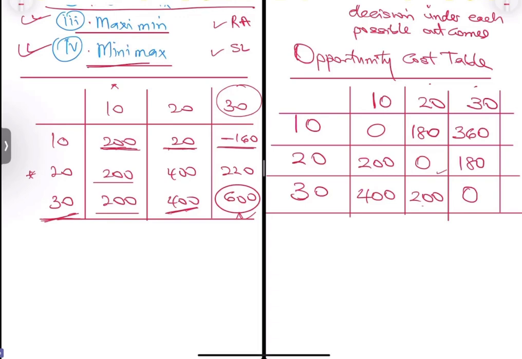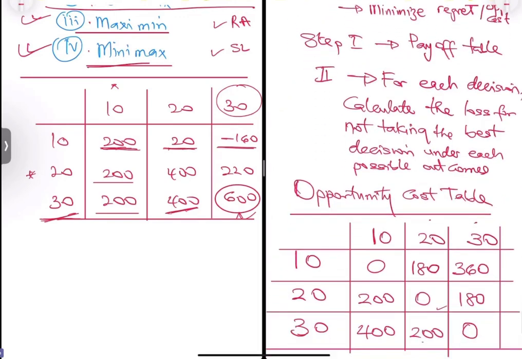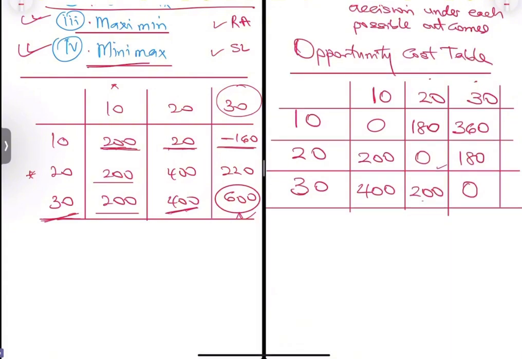Thank you. So that's step 2, the opportunity cost table. Once you've done this, you're sorted, because step 3 is even much easier, which is just to determine your maximum opportunity cost for each decision.